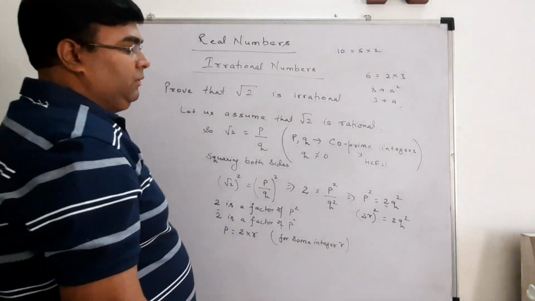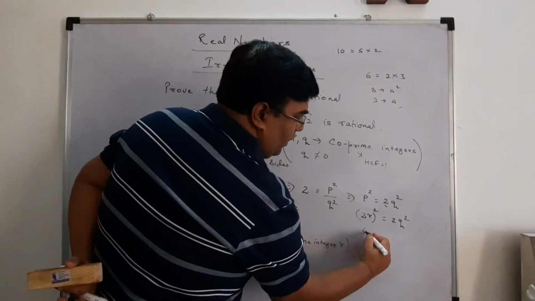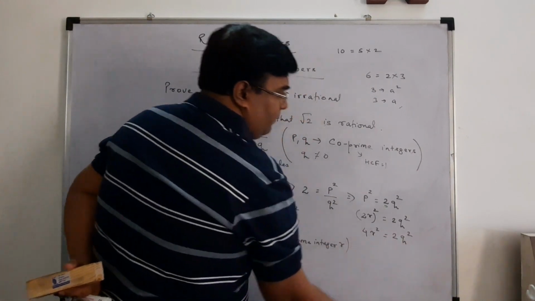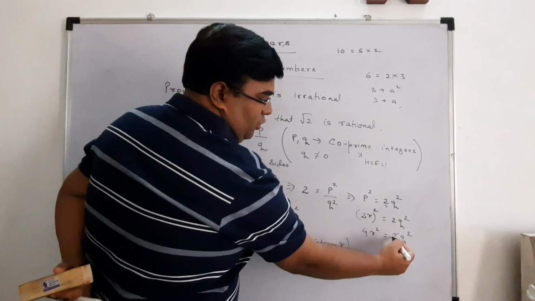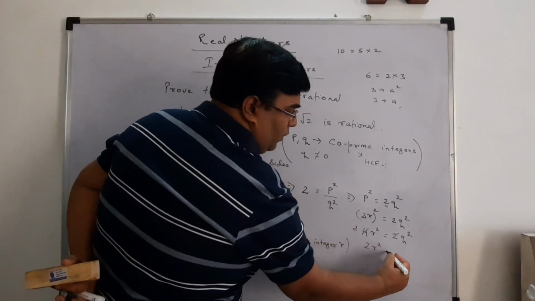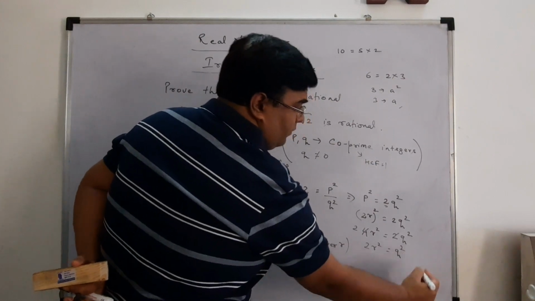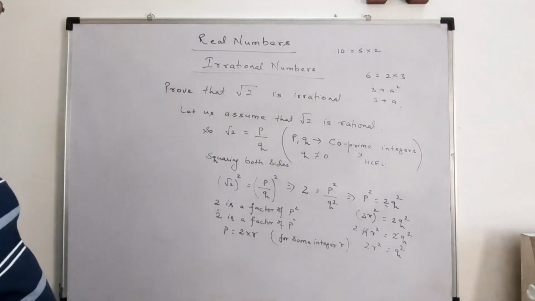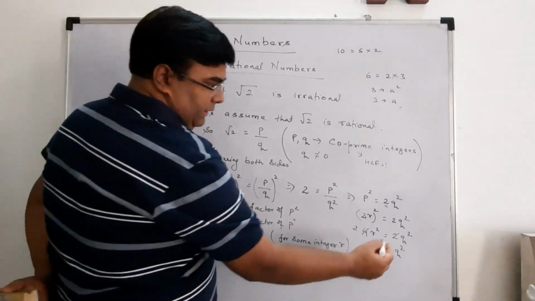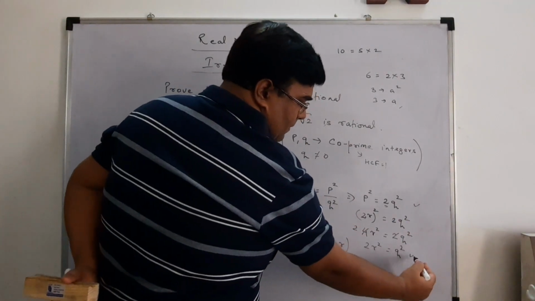Correct? So we can write it here. 4r square is equal to 2q square. This will cancel 2, so it will be 2r square is equal to q square. Correct?